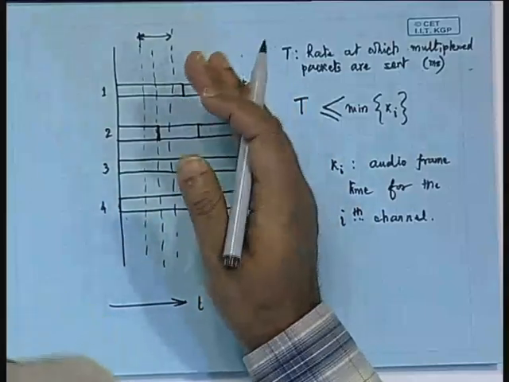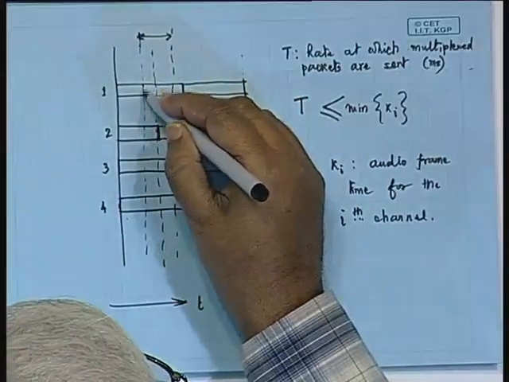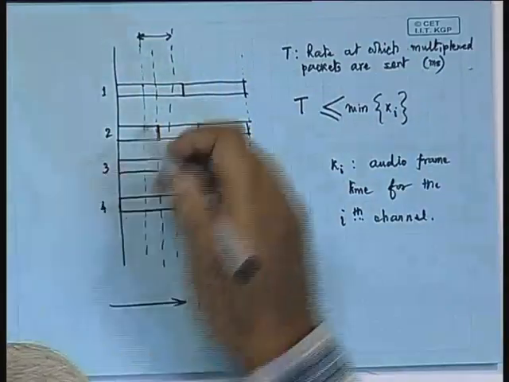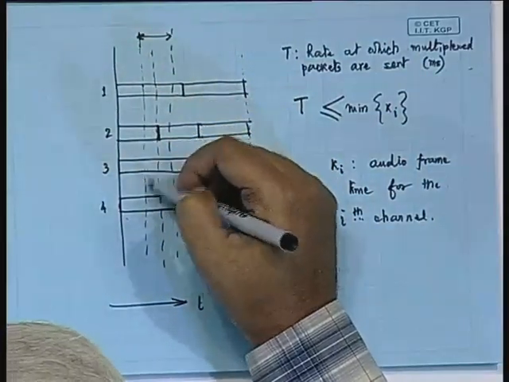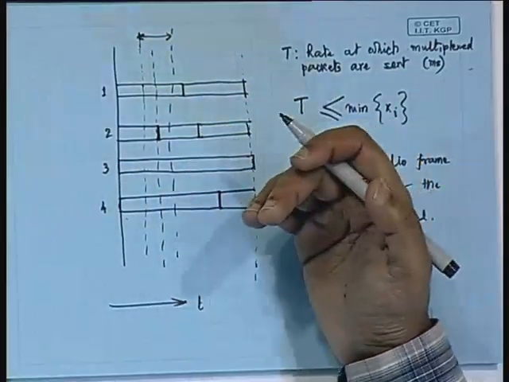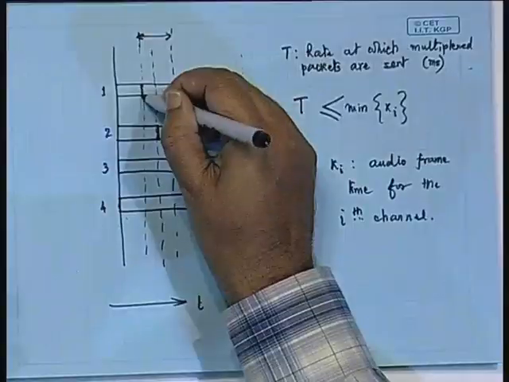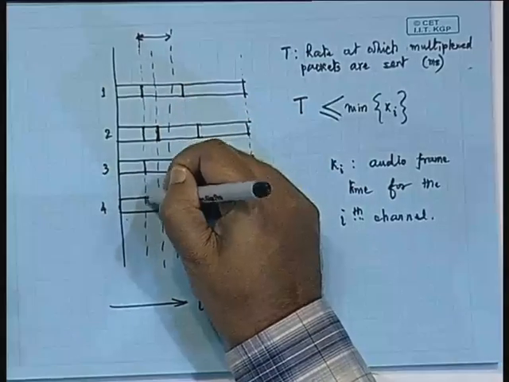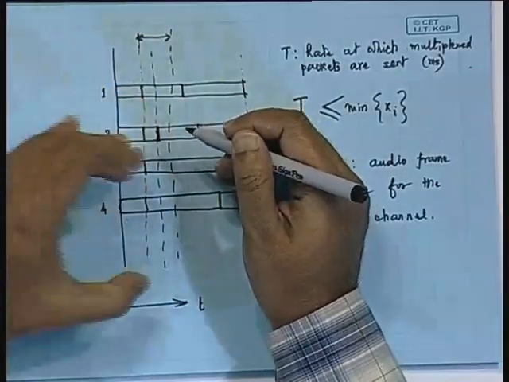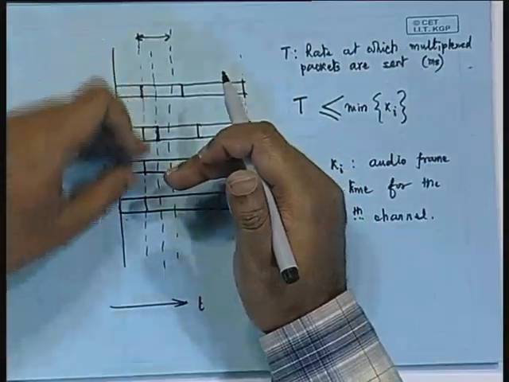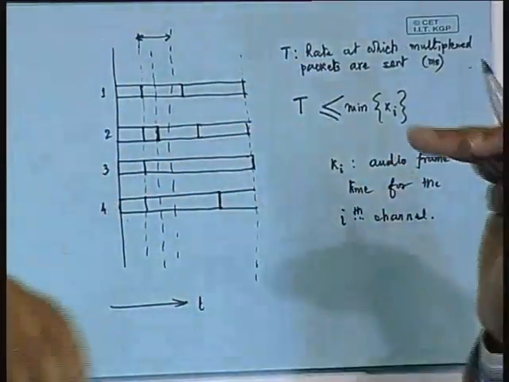We collect this much from source 1, this much from source 2, this much from source 3, this much from source 4. Individual headers we append and we send the information. Together then we are multiplexing, and we will have the accumulated effects of all these bit streams, which will go into the multiplexed bit stream.